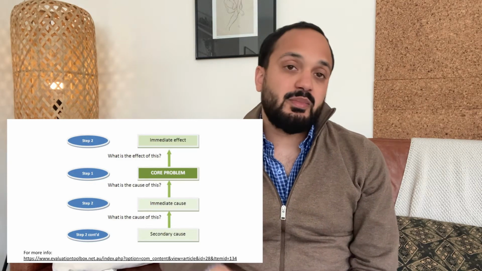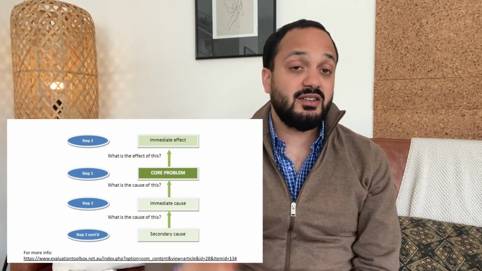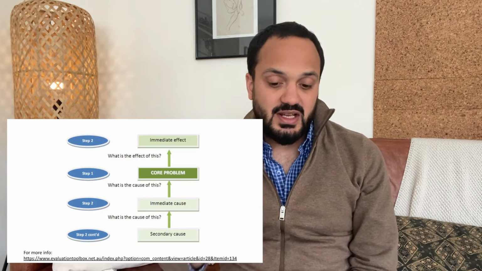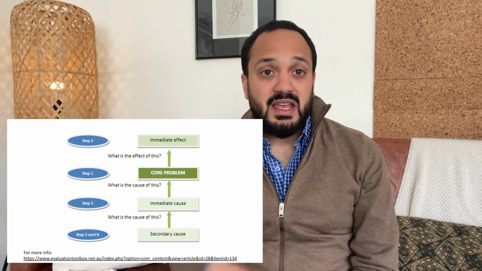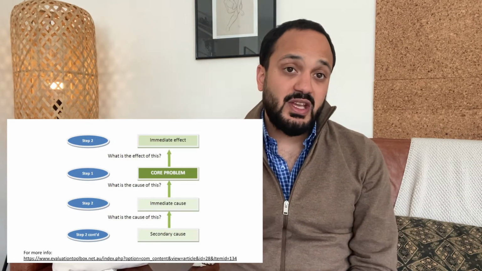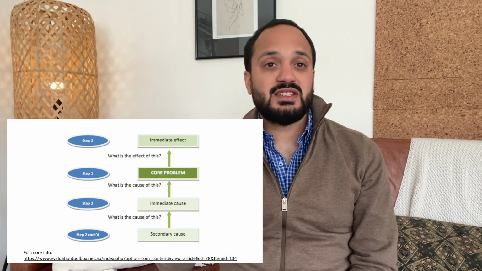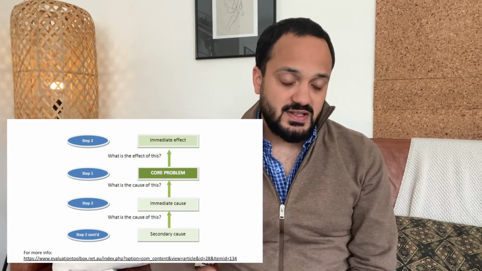On the top, it has the effects, the immediate effects, and it could also be the secondary effects. On the bottom, it has the causes, the immediate and the secondary causes. Causes are things that make the problem occur, that feed the problem. And effects are things that happen as a result of the problem existing, typically negative effects.